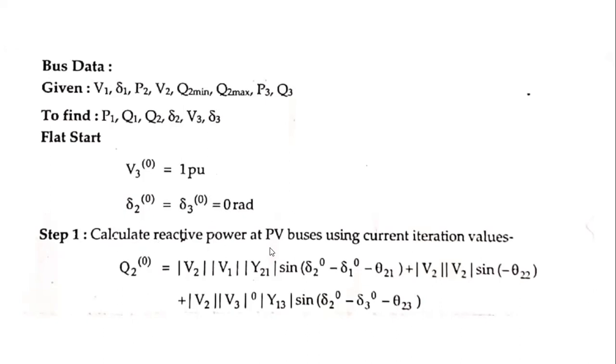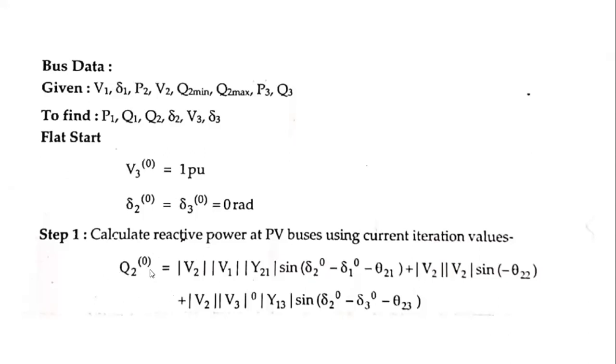Step 1: calculate the reactive power at PV buses using current iterative values. This is the formula for finding Q2 of 0.